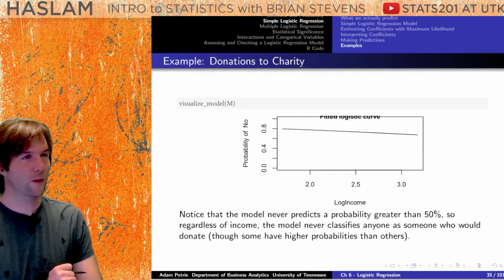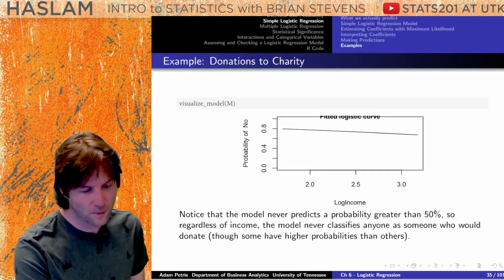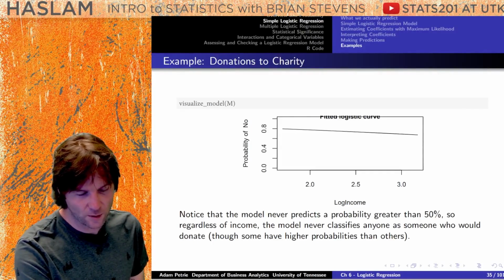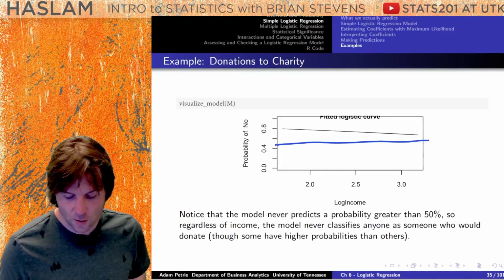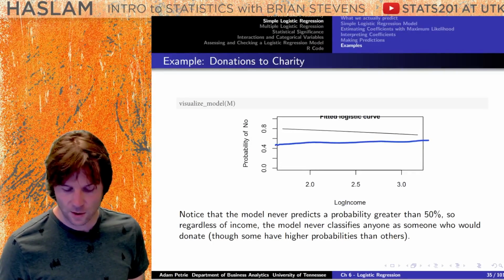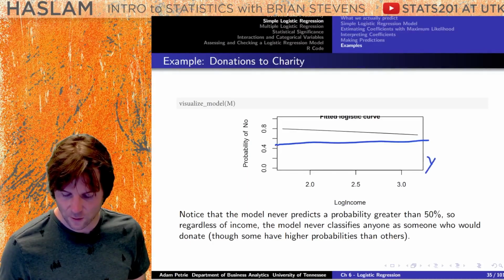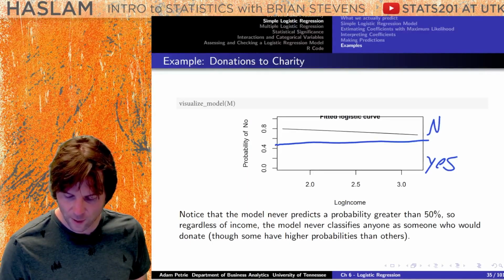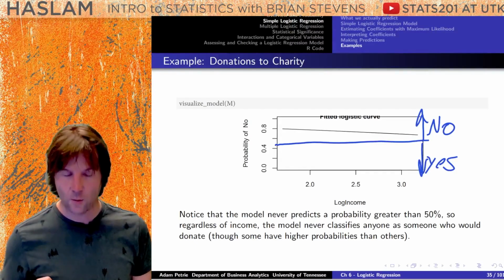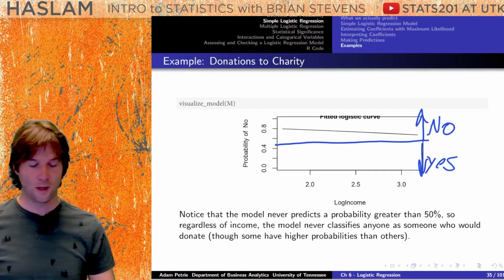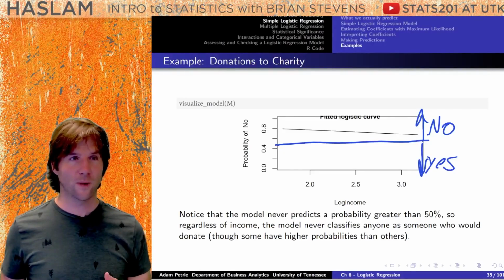Now look at this curve though. Here's what's interesting. When you take a moment and look at the curve, you'll notice 50% is right here. So there is actually no level of log income that would achieve the yes level, which is down here. Everything above this line is no because it's above 50%. And so everyone in this model would be predicted to donate no because we never achieve a model that's high enough.